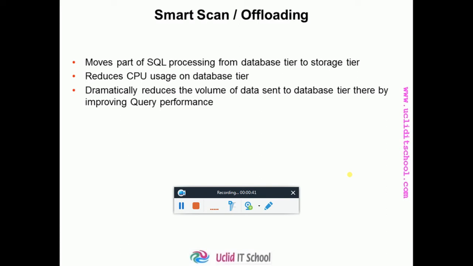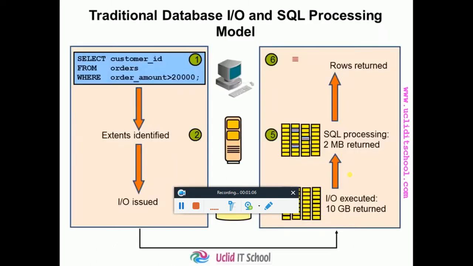Smart Scan dramatically reduces the volume of data sent to the database tier, thereby improving query performance. So these are all the statements related to Smart Scan. Okay, so to understand this, let us see one example first: what is Smart Scan and how is it useful.